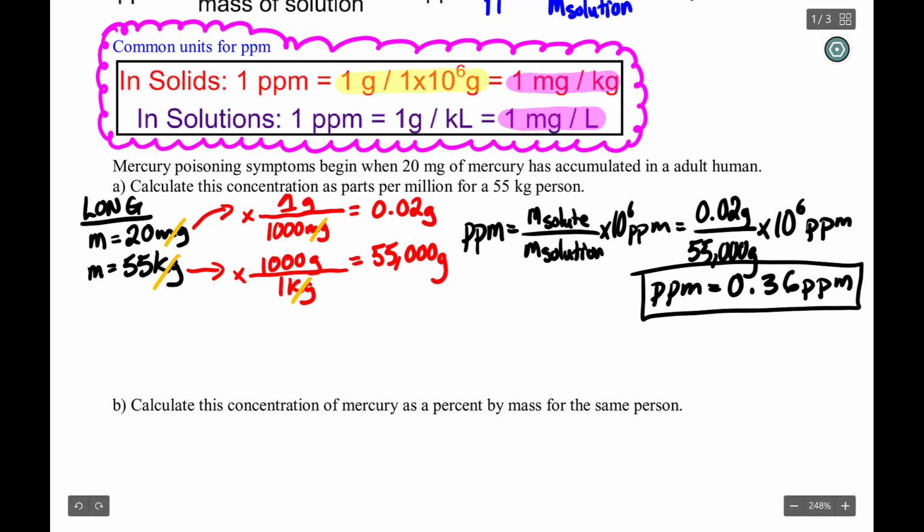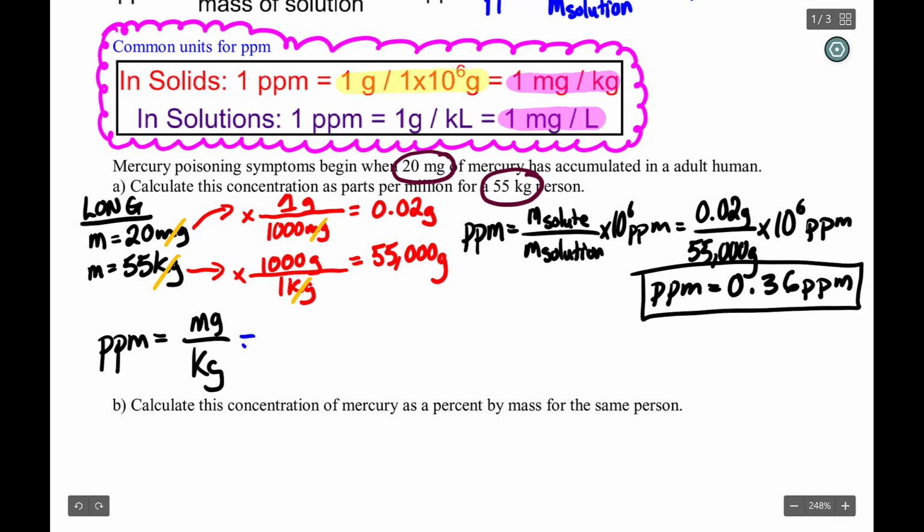The other way of doing it is get your solute in milligrams. In this question, it is already in milligrams. Get your solution in kilograms. In this question, it already is in kilograms. So a part per million is equal to milligrams divided by kilograms.